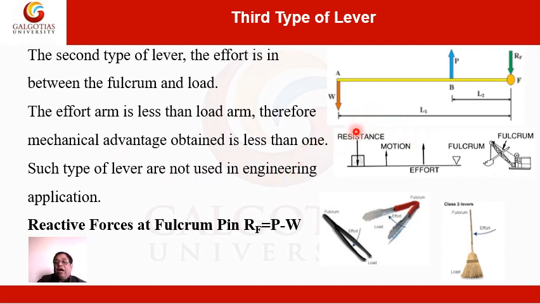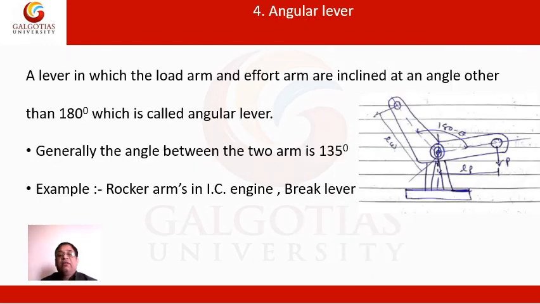The load arm is greater than the effort arm. This type of lever is not practically used in engineering applications, but is used in general. So RF is equal to P minus W. P is greater here. These are examples of the third type of lever.